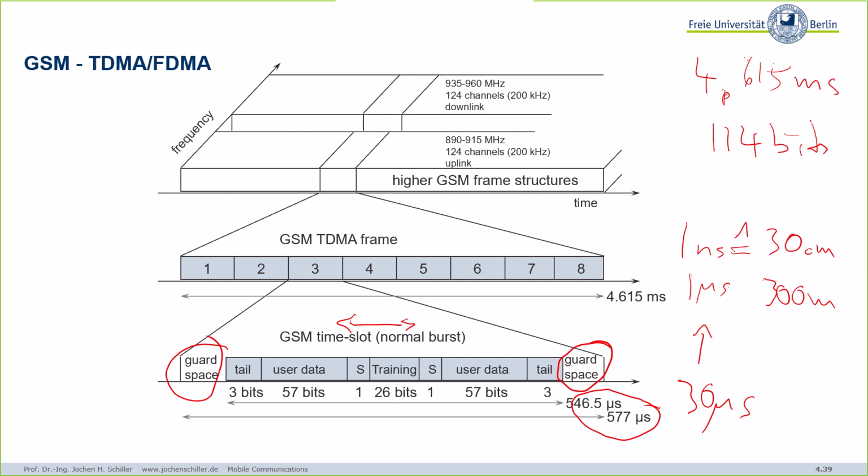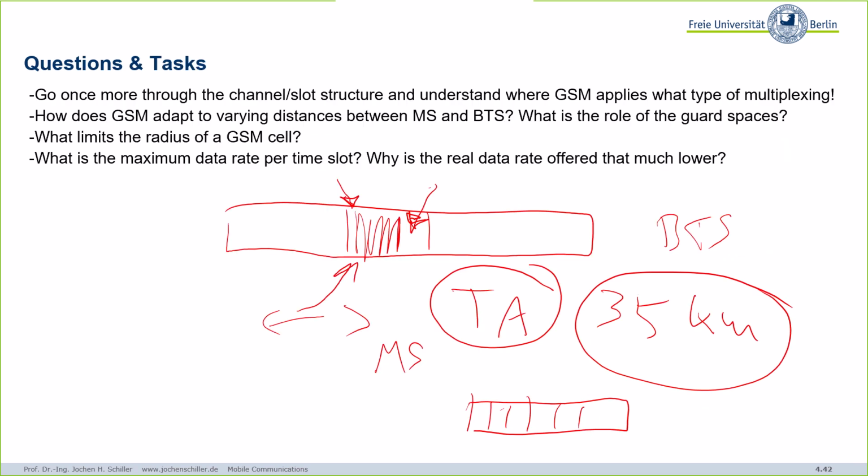So by using all the bits as user bits within one single slot, we can achieve a data rate of, did someone calculate it? Roughly, something like 23 kilobit per second.